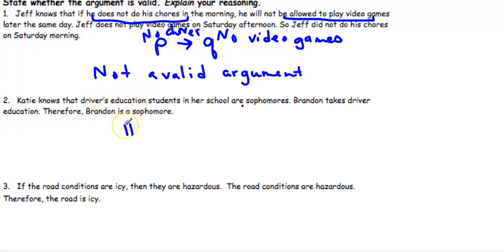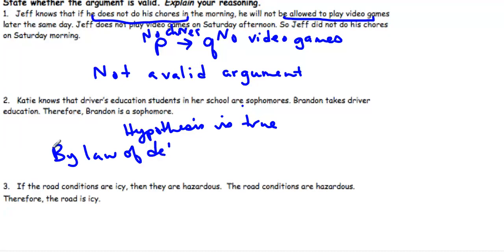So we know the hypothesis is true, which, by the law of detachment, means that this is a valid argument.